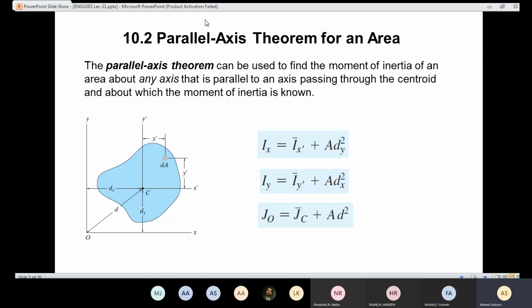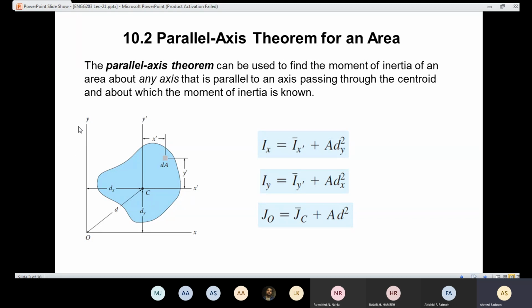So again, assume here I have a random area A, and I have random axes x and y. Here I have another reference axes, x hat and y hat, located at the center of gravity. Last time we discussed the concept of the center of gravity.